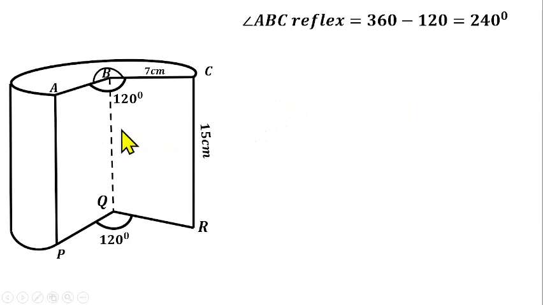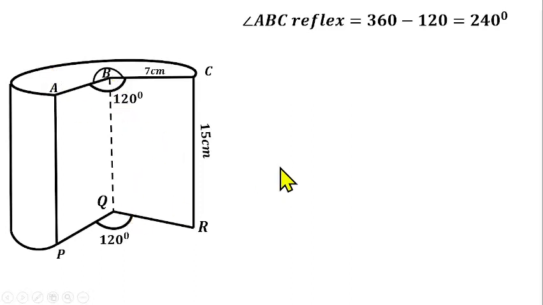So therefore, having known that the remaining part of the circle, which is a sector, has an angle of 240 degrees, if you want to find the volume of this structure, that should be the cross-sectional area of this sector multiplied by the height.